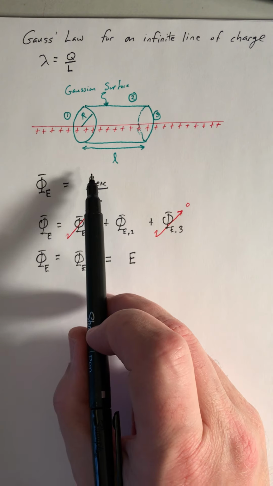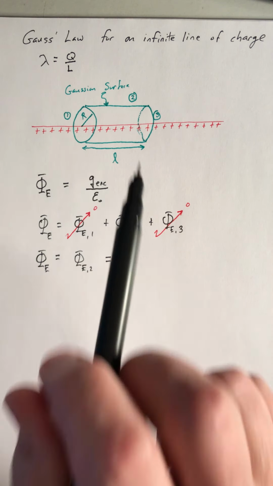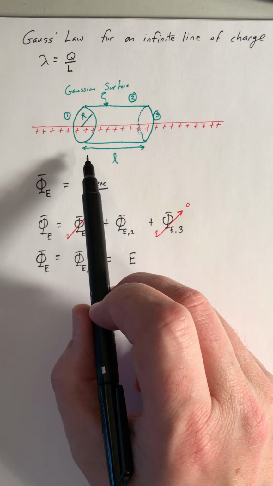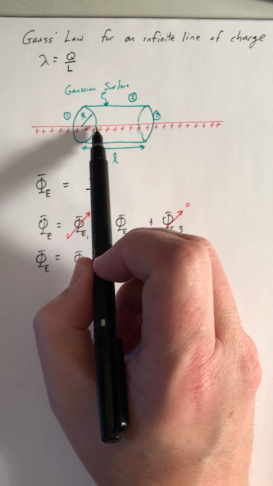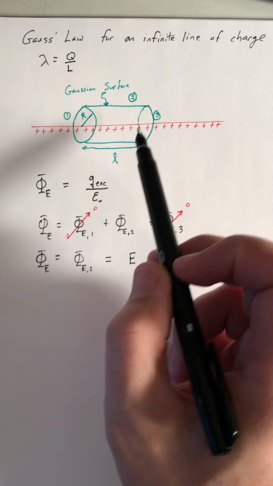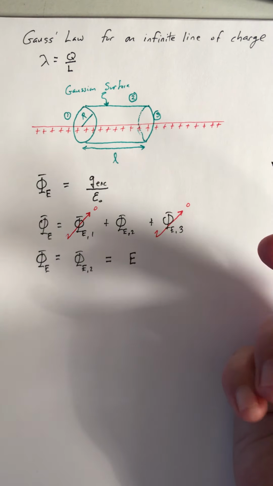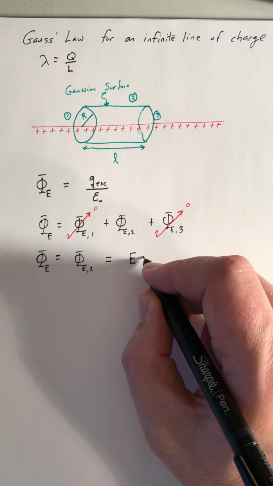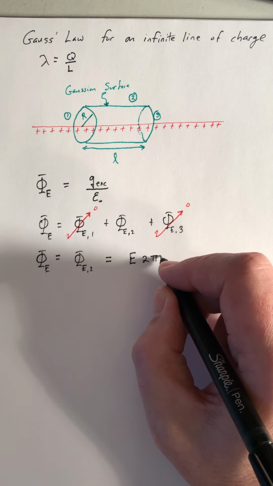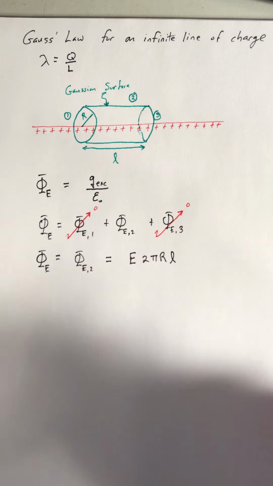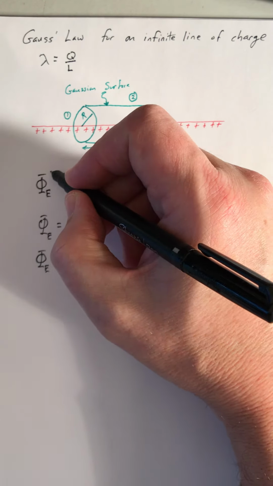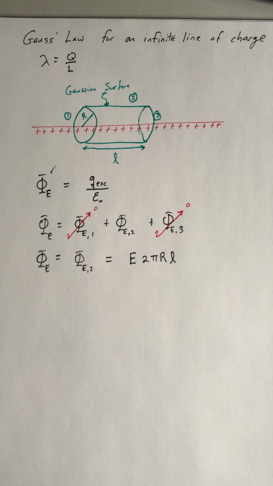Well, what that's going to be, I just like taking a sheet of paper and wrapping it around on itself to make a cylinder. I'm going to have a sheet of paper that is 2 pi r long in one direction, and it's L long in the other direction. So this area is going to be 2 pi r times L. So we have computed the left-hand side from Gauss's law.